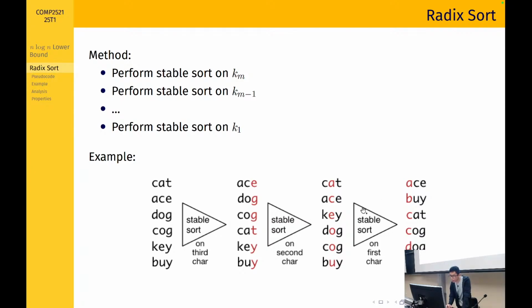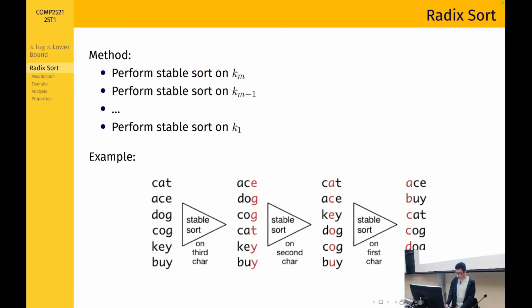So what might happen if the sort wasn't stable is, since both of these keys have the same first letter C, cat and cog, we might end up with cog appearing above cat. So it's really important that we use a stable sorting algorithm for each of the sorts.